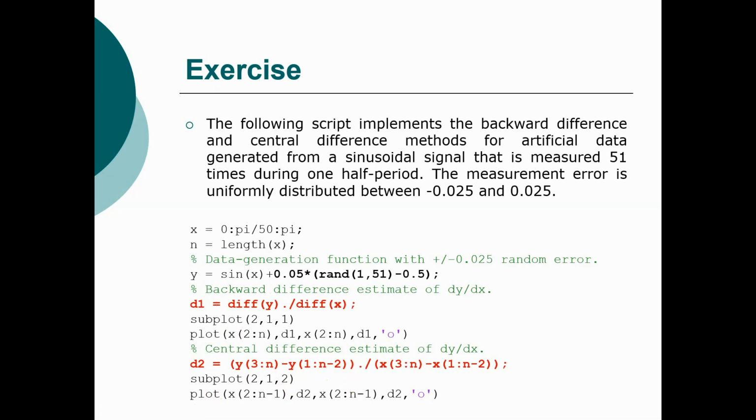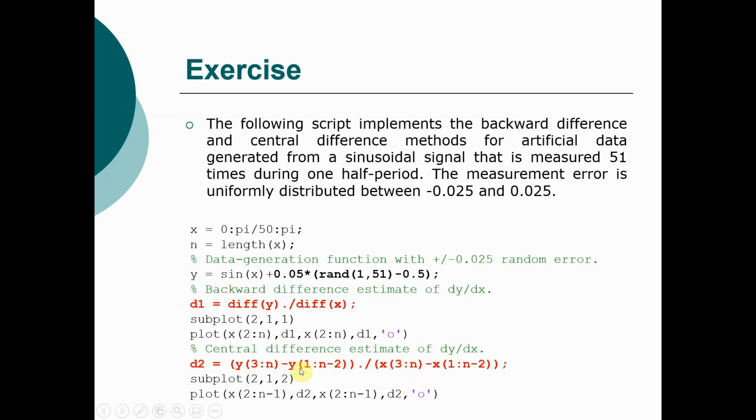If you ignore the rest of it, look at y3 minus y1 divided by x3 minus x1. That is the centered difference formula that gives us the derivative value at x2, the second point.